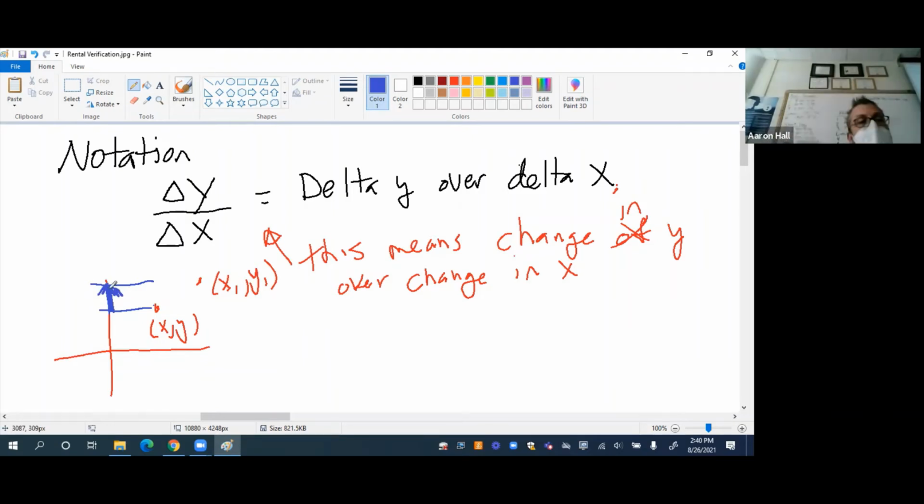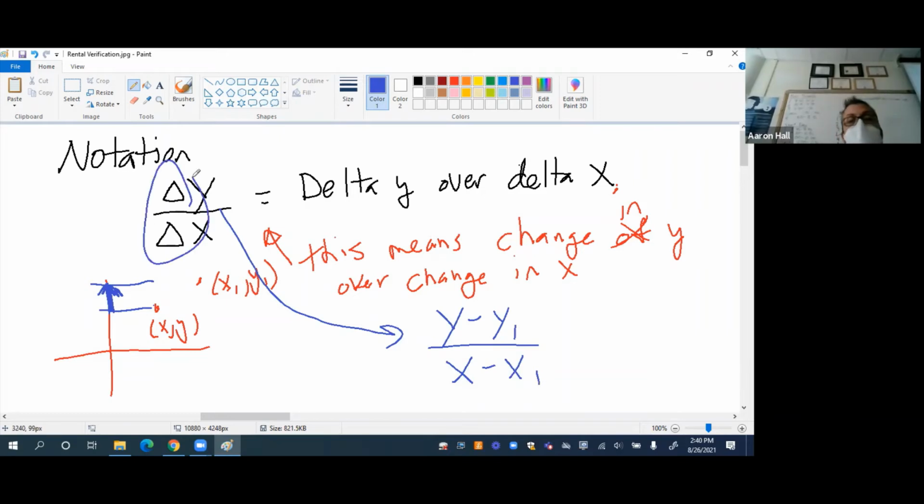Isn't that just our rise? Isn't that subtraction? Isn't that the same thing as y minus y subset 1 over x minus x subset 1? It's just a notation. It just means the change. What kind of change is taking place when we go from one y to the next y?